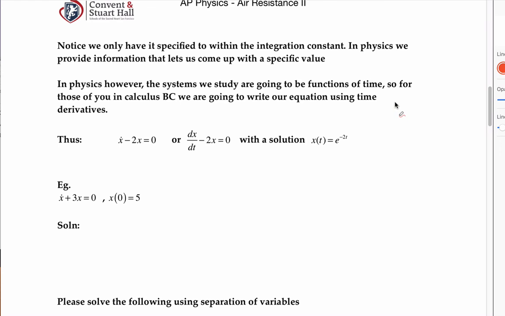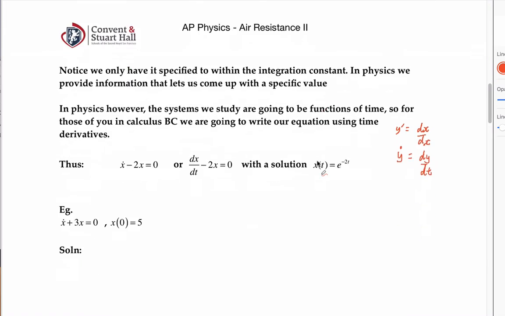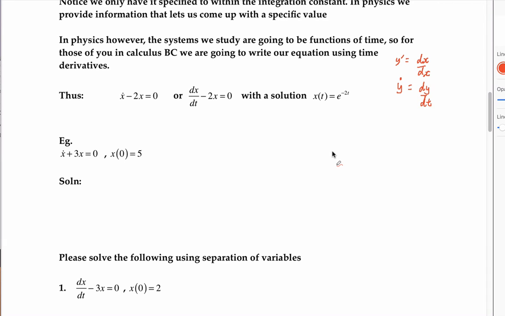So just to be clear, if I tell you y prime, that means dy dx. And if I tell you y dot, that means dy dt. That'll be what we're going to do on this next page in our subsequent video.